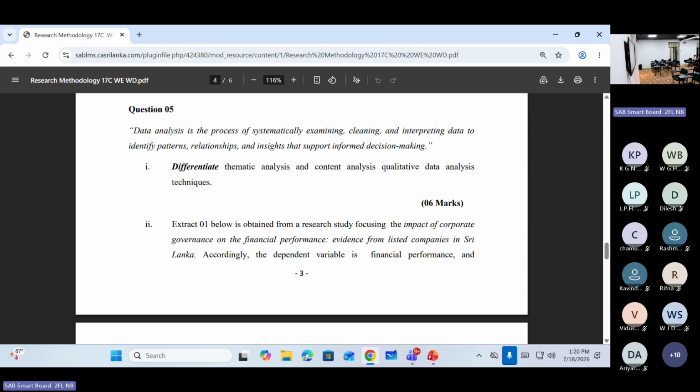If you ask your seniors, when it comes to the fourth year, second semester, most people change some components of the research topic that you developed in the third year. That's possible, and we normally do that because in third year, first semester, you do not have a proper understanding of what you are learning.